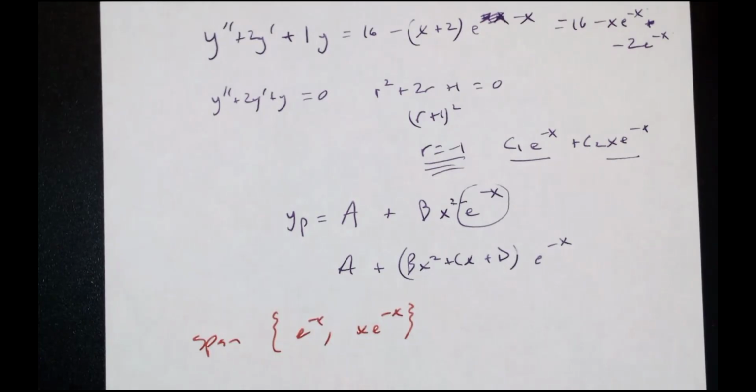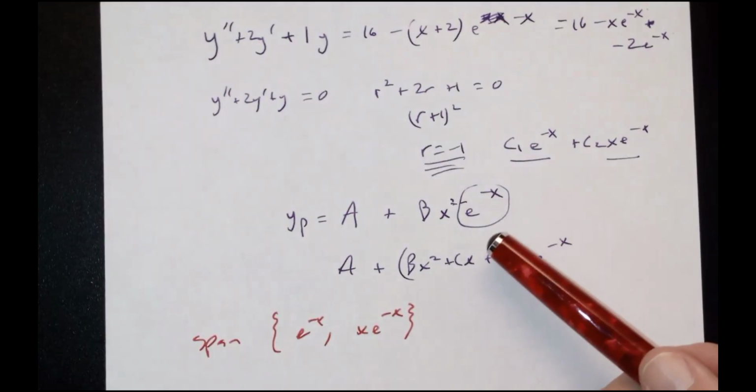Well, I can get any number times e to the minus x I want. I get any number times x e to the minus x I want. What I can't get, no matter what I do there, is an x squared. And so I want something that's outside of this span, so it points in a different direction. And that's what this does.